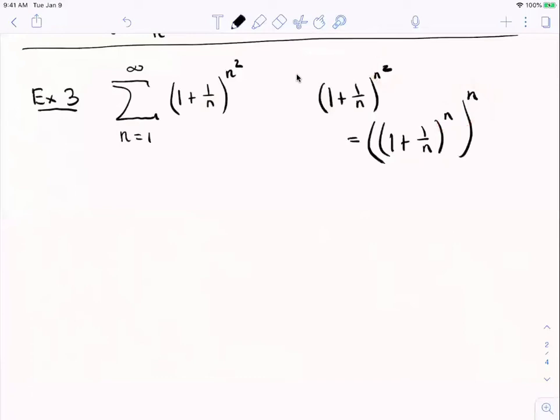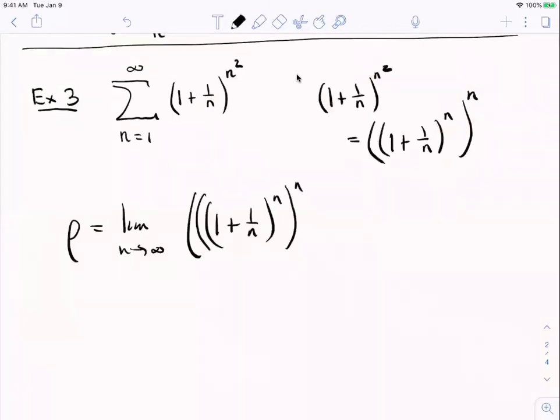But looking at that form over there, if we take the limit as n goes to infinity, I'm just going to write this thing in here first so I have enough room, of (1 plus 1 over n) to the n, and I take the nth root of that. Well, the nth root of an nth power, just like in the previous two examples, those exponents multiply together to give 1. So we end up getting 1 plus 1 over n to the n.